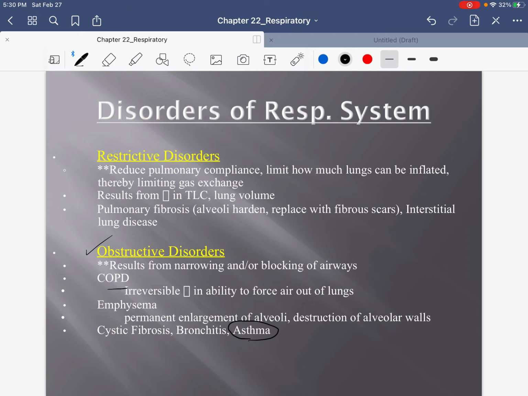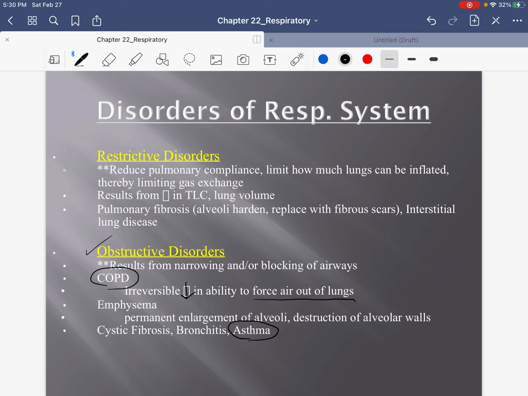Another example of an obstructive disorder is COPD, chronic obstructive pulmonary disorder. It's in the name. And I do want to point something out. Both in asthma and COPD, often the hardest thing is breathing out.